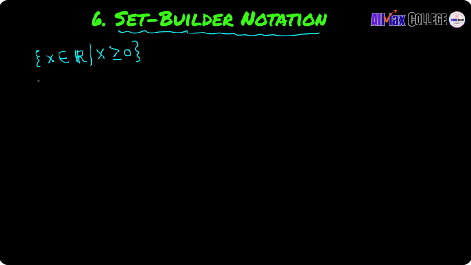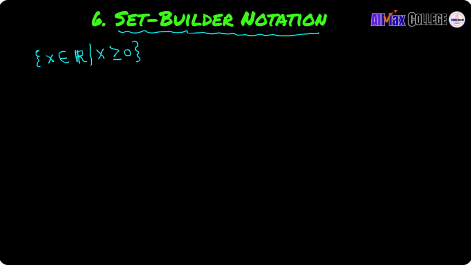Curly bracket, x, epsilon, real number R, such that the pipe, vertical bar, x greater than or equal to 0, closing the curly bracket.